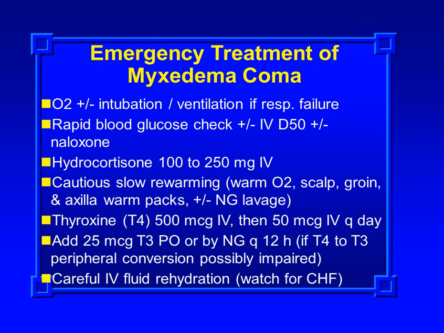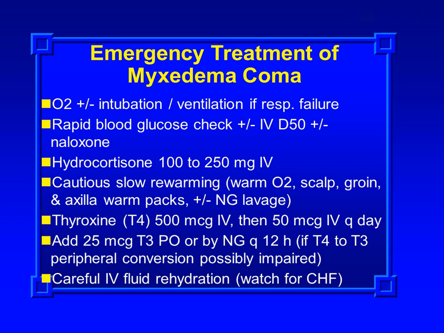Emergency treatment of myxedema coma. O2 with or without intubation, ventilation if respiratory failure. Rapid blood glucose check, with or without D50, with or without naloxone. Hydrocortisone 100 to 250 mg IV.